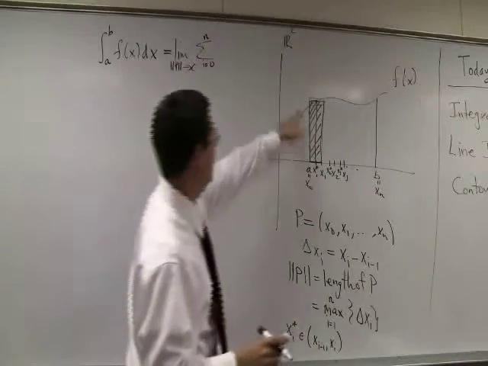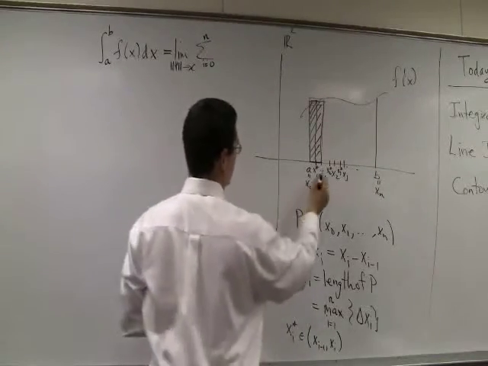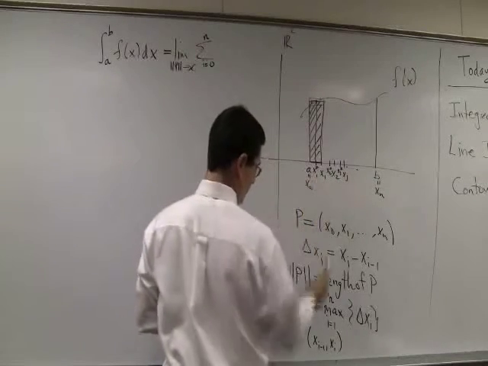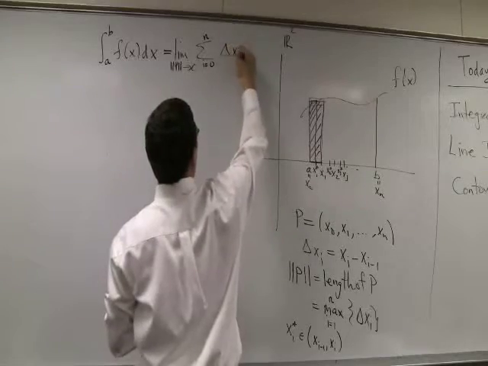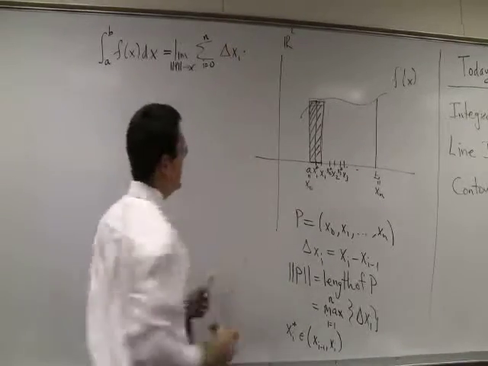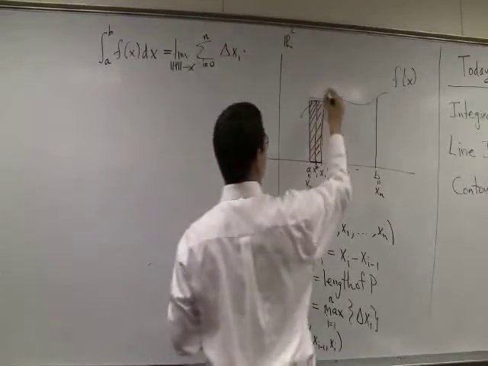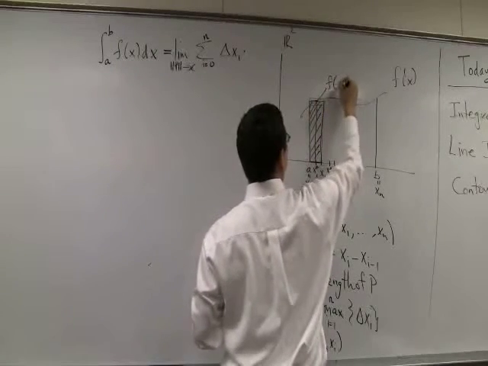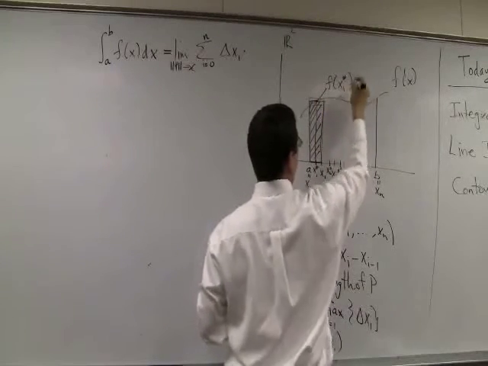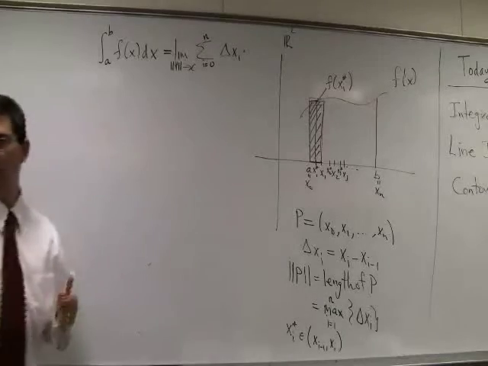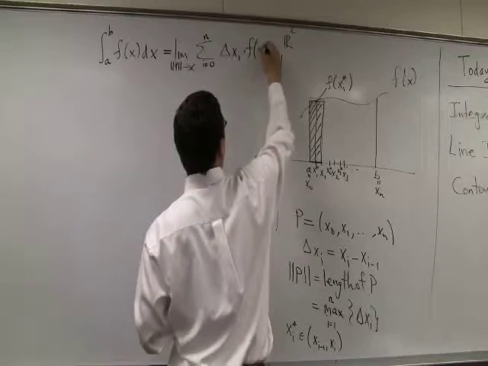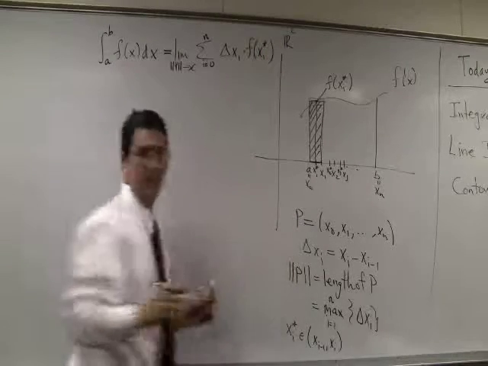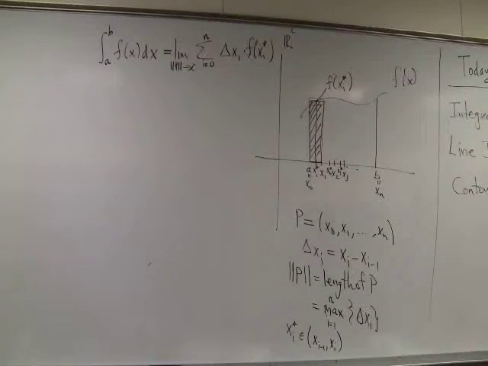So the area of that rectangle is the base, which is delta xi, times the height. And the height is f of x1 star here, and in general f of xi star. It's not like a 5-pointed star, it's just an asterisk. Whatever you like.